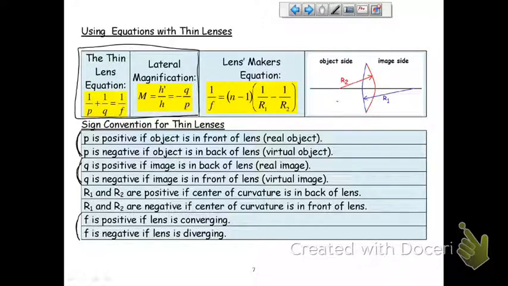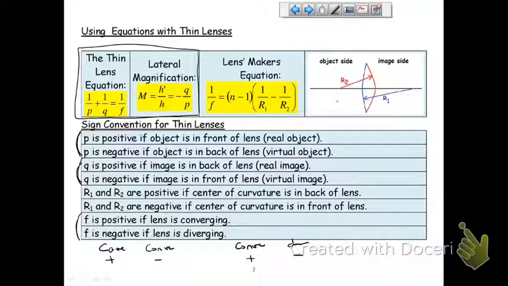The way I remember it is I teach you about the concave, and then the convex, and that's positive and that's negative in the order I teach them. And I teach you about the converging and then the diverging, and that's positive and that's negative in the order that I teach them.